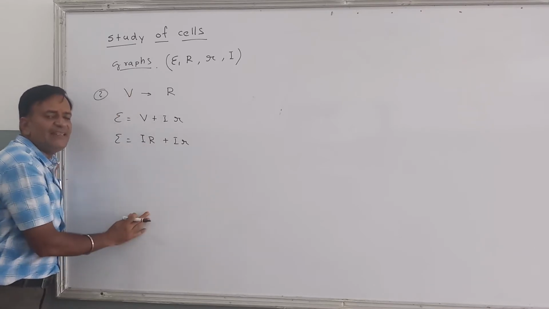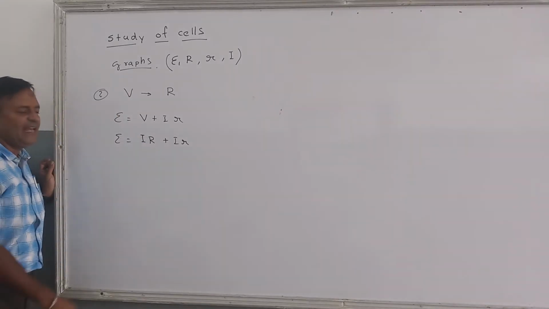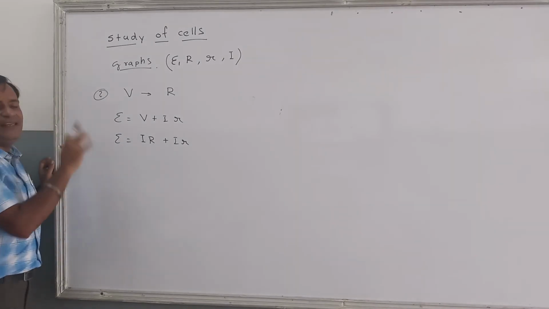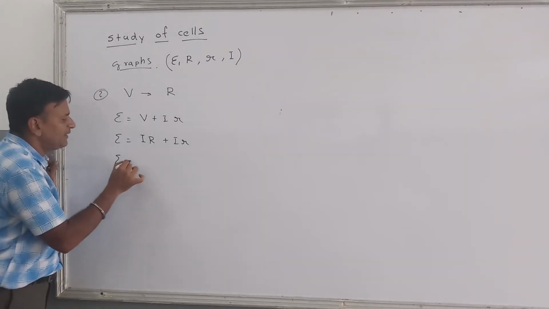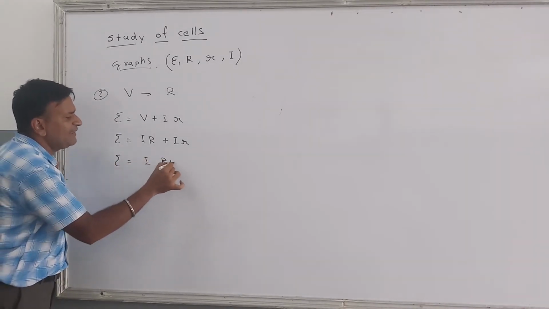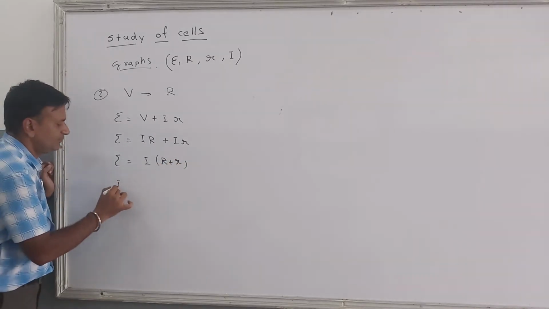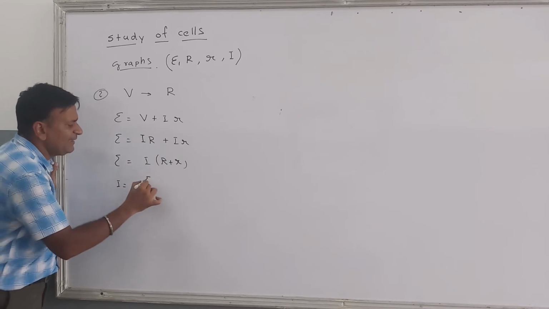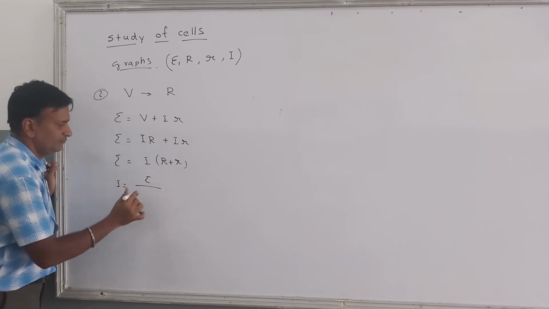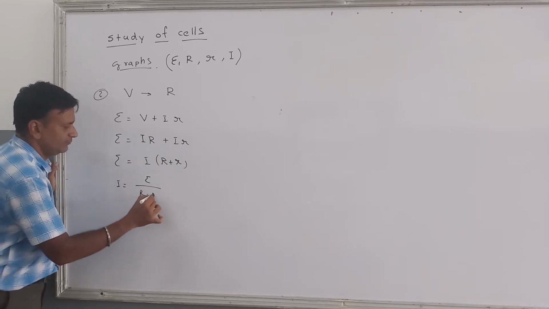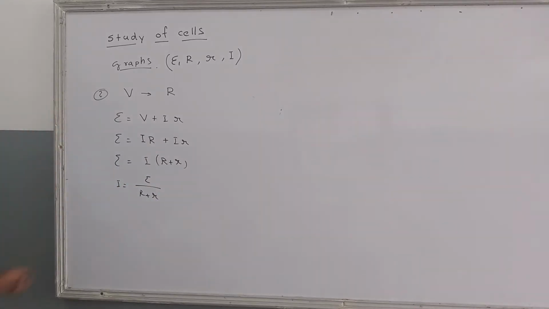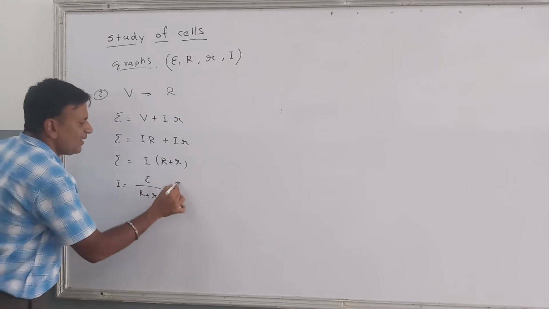This is energy dissipated inside the cell, and this is the total energy dissipated. This can be written like this, and I can be given as epsilon over R plus r. So this is one equation.